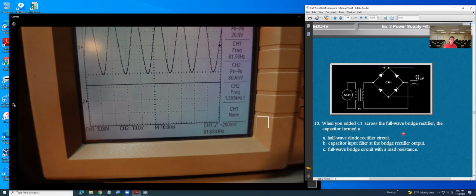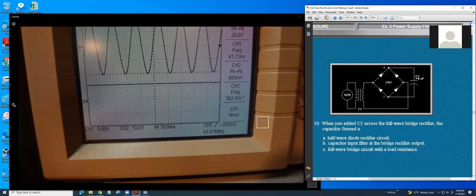A or B or C. The thing is, when you do the lab, if you enter A wrong and enter B or C, you get it correct. However, I would like you to make sure you understand why you pick A or B or C. So A or B or C.